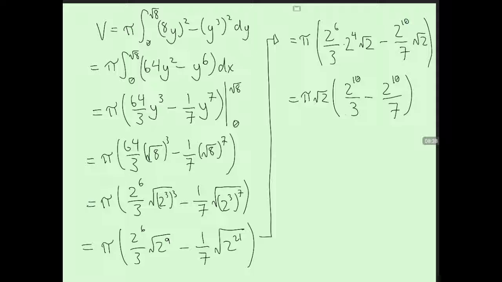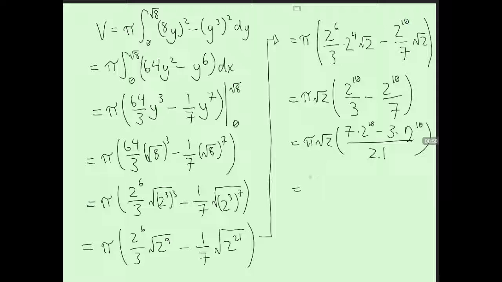If we find a lowest common denominator, we get pi times root 2, 7 times 2 to the 10, take away 3 times 2 to the 10, all over 21.